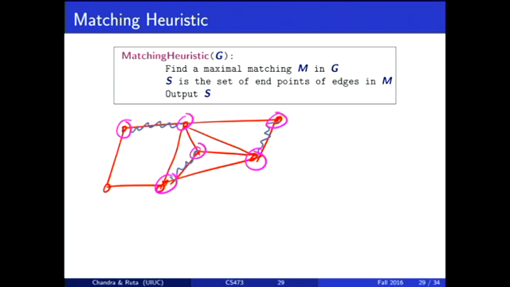We are outputting a set of size 6, because we took 3 edges and both endpoints of those 3 edges. That was important because that's the only way we could prove that it's a feasible vertex cover. But I claim in this graph the optimum vertex cover is at least of size 3. Why is that? Because I had 3 edges in the matching, I claim it's at least 3.